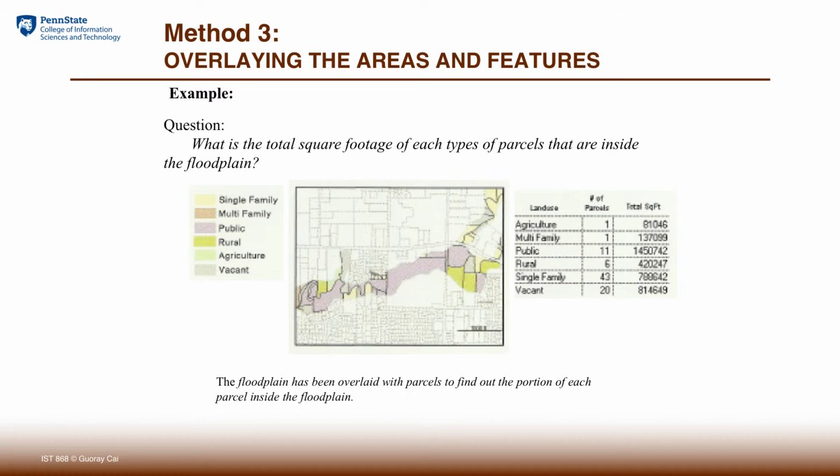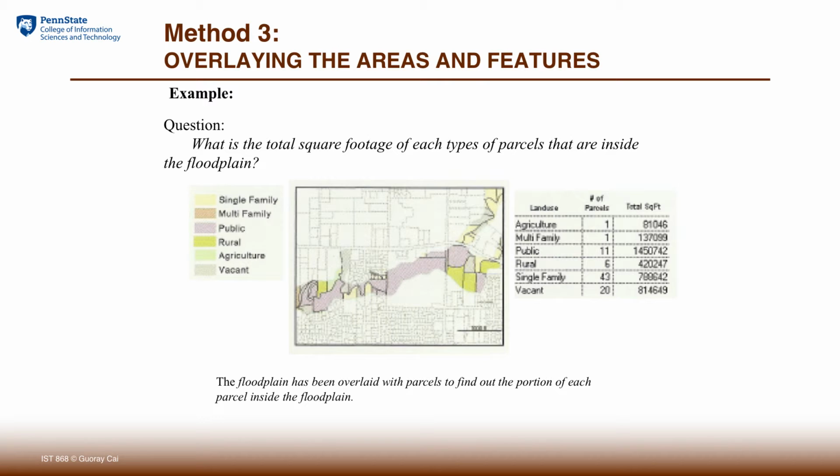Map overlay is perhaps one of the most powerful functions in geographic information systems, especially when you do spatial analysis. Let's take an example and appreciate the power. We have this floodplain defined as an area, and then we have the parcels overlaid on top, and we know some of the parcels partially intersect with this floodplain.